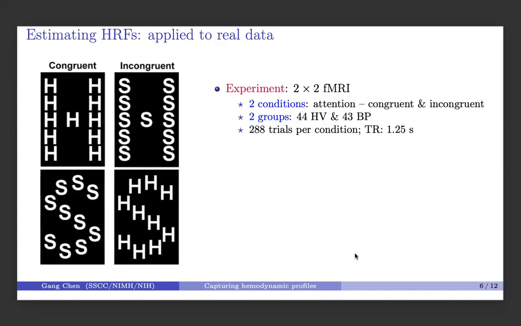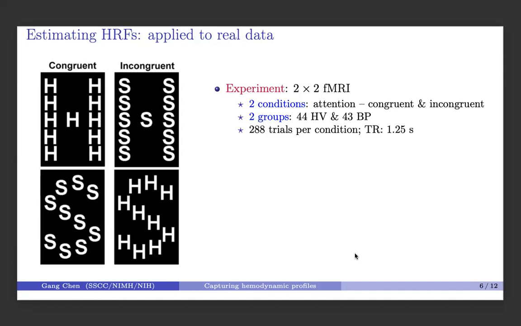For example, H is composed of little h's. The incongruent condition, the second column on the left-hand side, is where the big letter is composed of small letters that are different from the big letter. So the big letter H, you can see, is composed of the small letters S. So those are the 2 conditions.